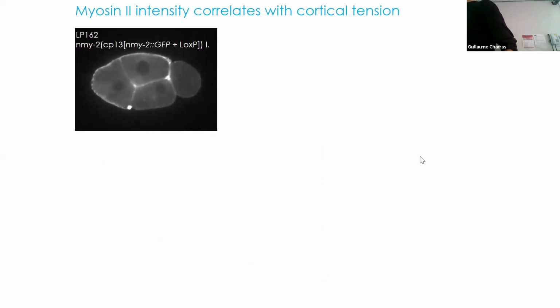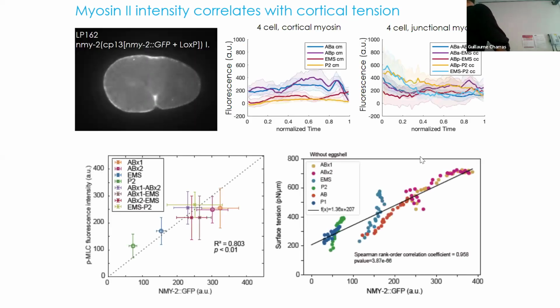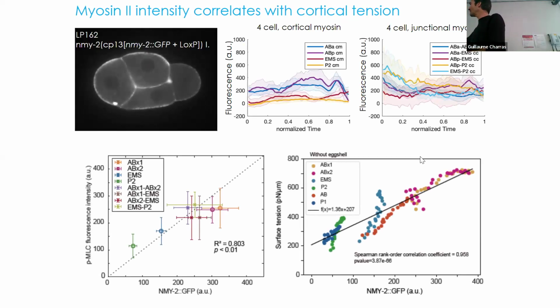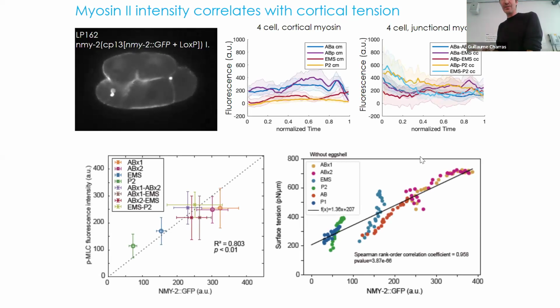We can then segment the amount of GFP myosin at the cortex, and plot the surface tension that we measure by AFM as a function of the myosin intensity. We've got a scaling that seems fairly convincing. It's not perfect, and I'm happy to discuss this with anyone afterwards. But it gives us a general order of magnitude for the surface tension as a function of the amount of myosin at the cell surface.